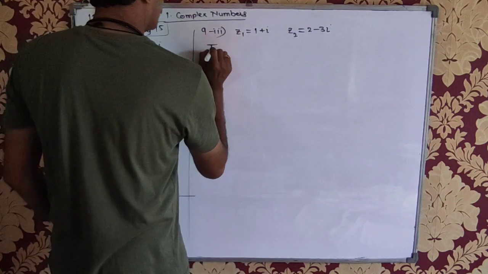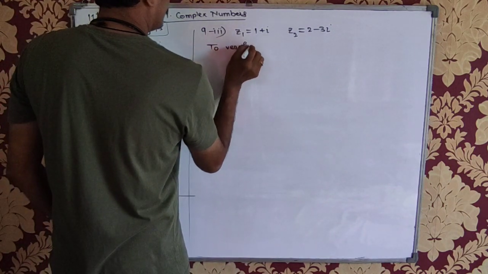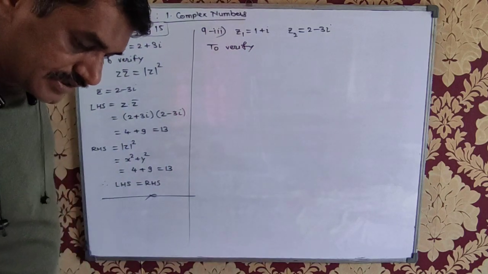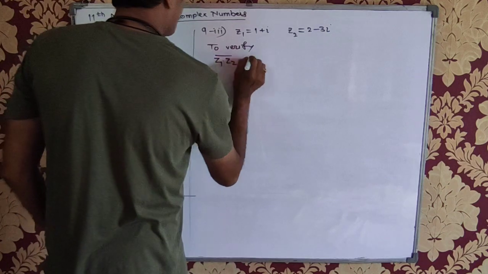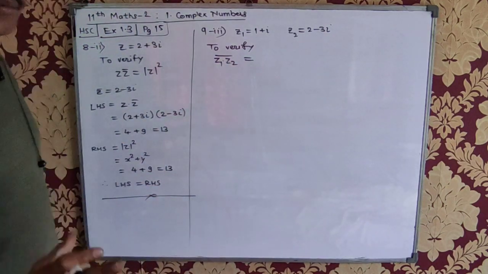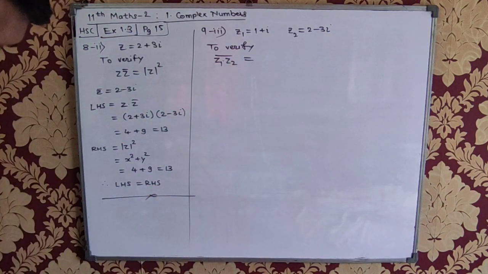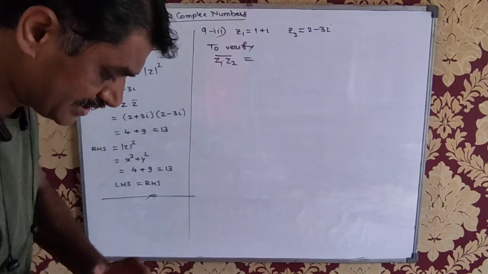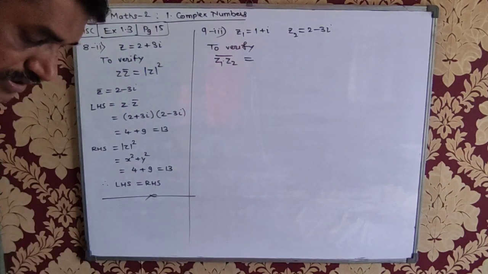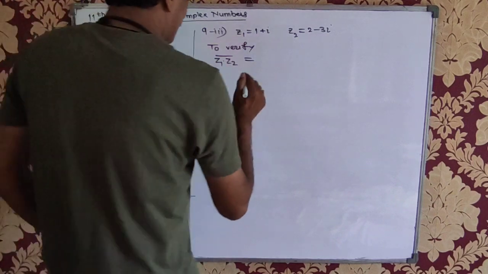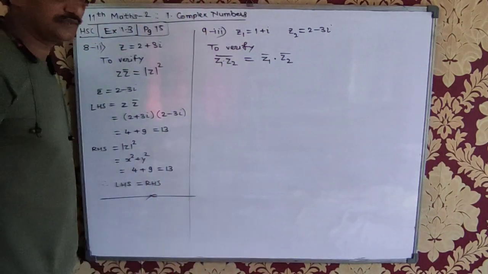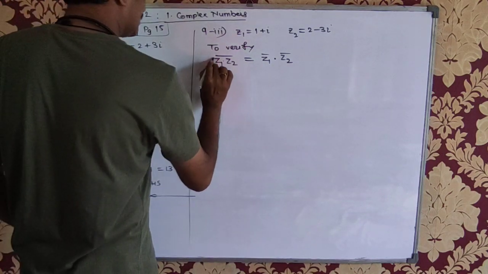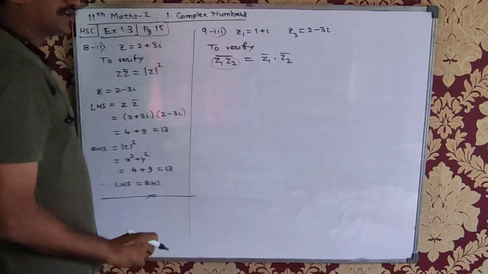You have to verify that the conjugate of Z1 Z2 is equal to Z1 bar into Z2 bar. Whatever we are proving here is used as a standard property. Please remember all these things because they have given these properties here on page number 12. While finding out LHS, I first have to find out Z1 into Z2.